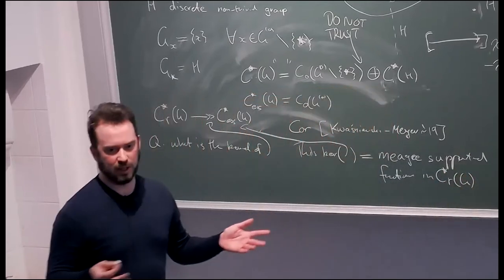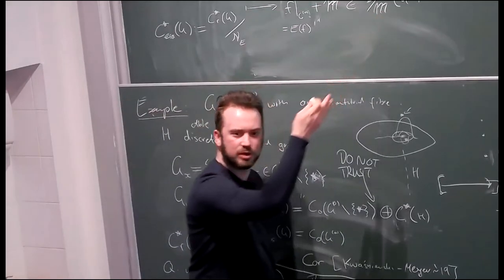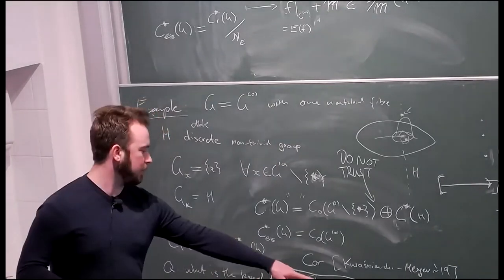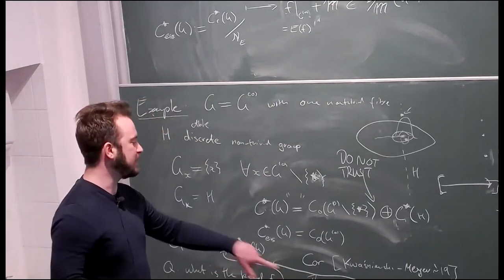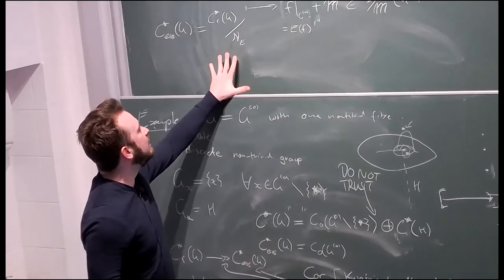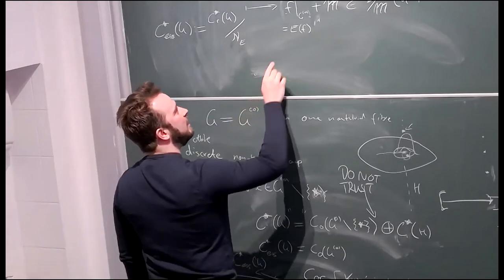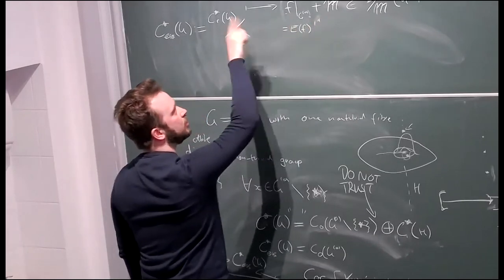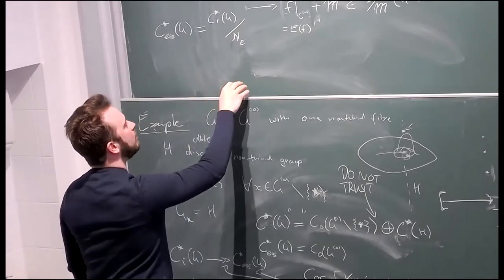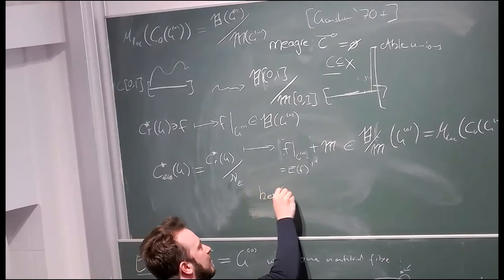Now you might say, oh okay, that's obvious, because when we took this quotient before we were just quotienting out by meager supported functions anyway. The difference is that this ideal we are quotienting by, N sub E, is the ideal contained in the kernel of E specifically.